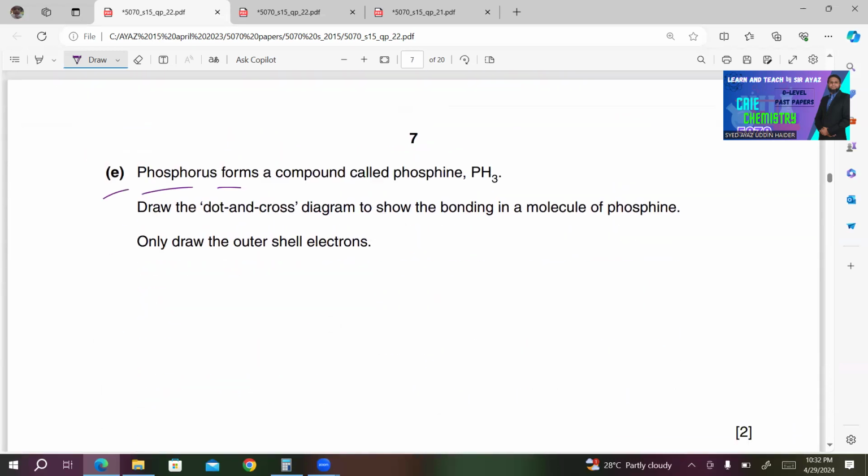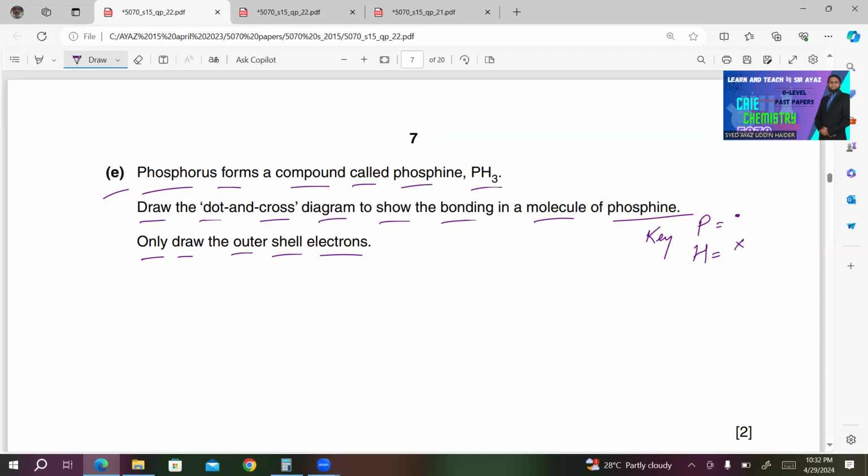E. Phosphorus forms a compound called phosphine, PH3. Draw the dot and cross diagram to show the bonding in a molecule of phosphine. Only draw the outer shell electrons. So I'm going to show the key here on the right hand side. We have P here, hydrogen here. For phosphorus, I'm using dot. For hydrogen, I'm using cross.